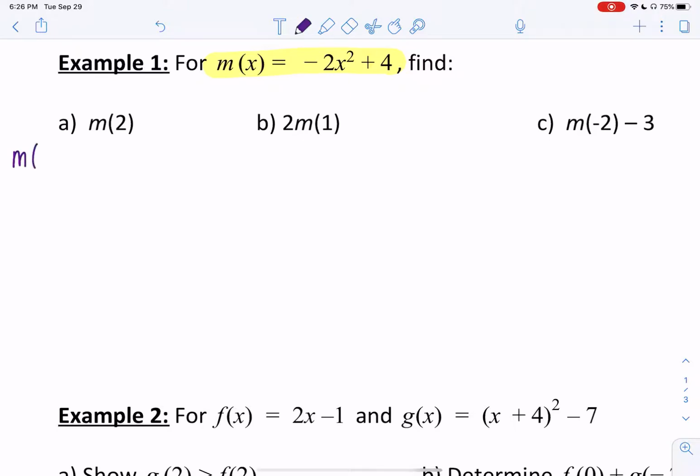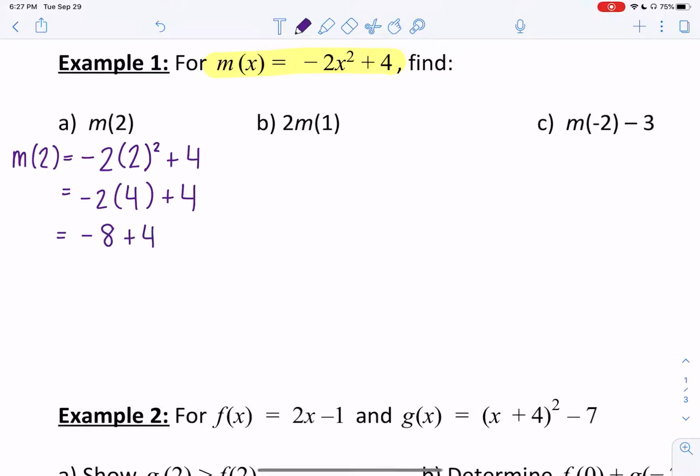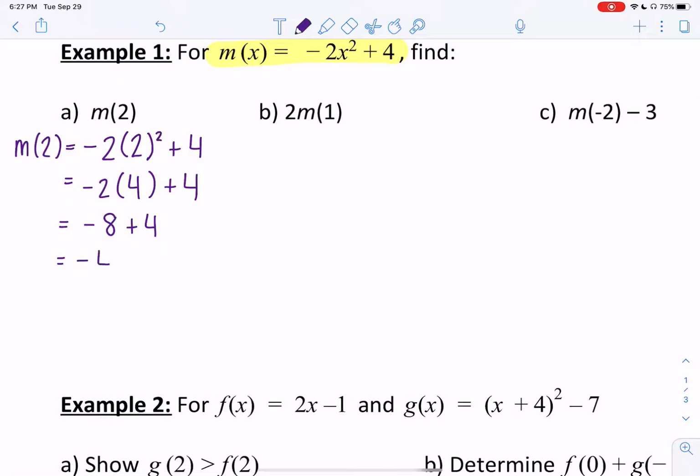So we write m at 2 is equal to negative 2 times 2 squared plus 4. And then we just simplify using BEDMAS. So negative 2 times 4 will give us negative 8 plus 4, which gives us negative 4. So m at 2 is equal to negative 4.